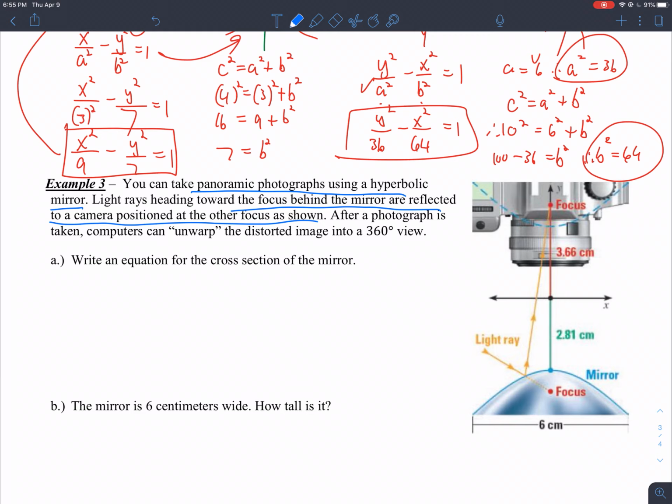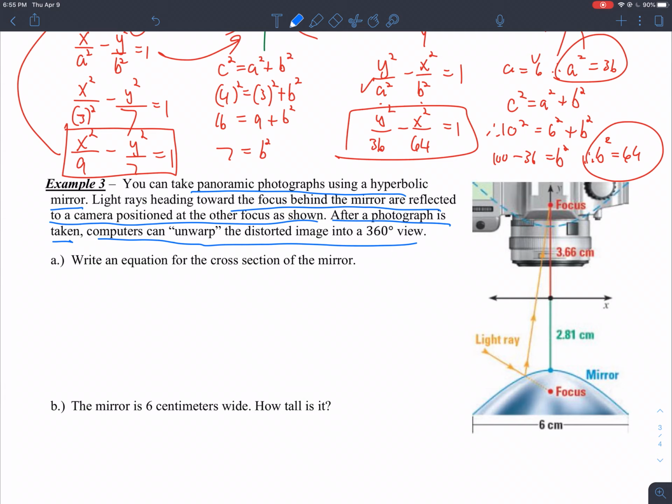Okay, so light rays heading towards this focus are reflected to that focus where the camera is positioned. After a photograph is taken, computers can unwrap the distorted image into a 360 view. Okay, sure, they say so.